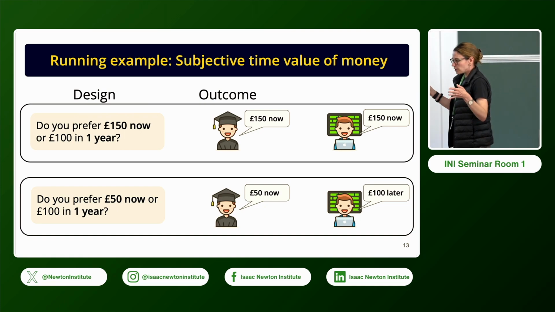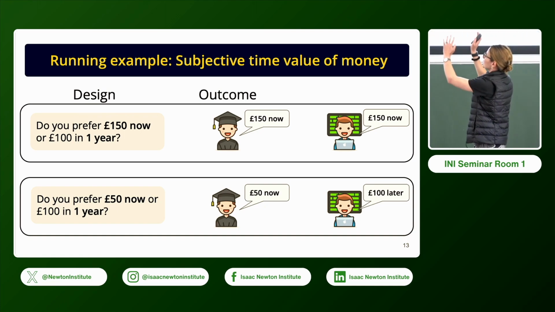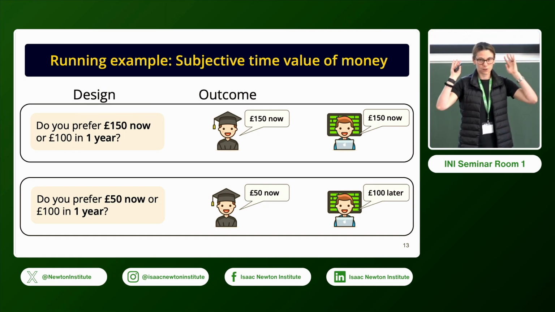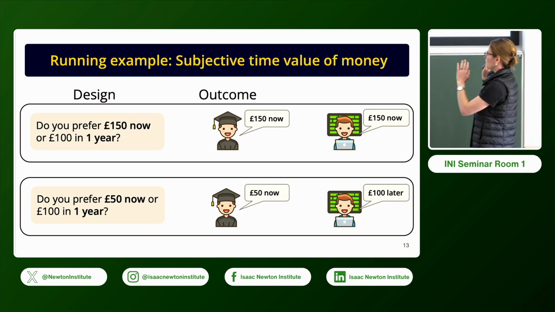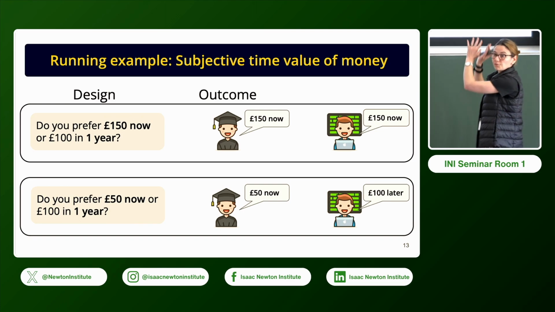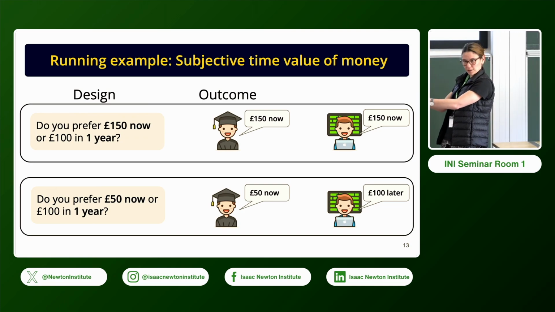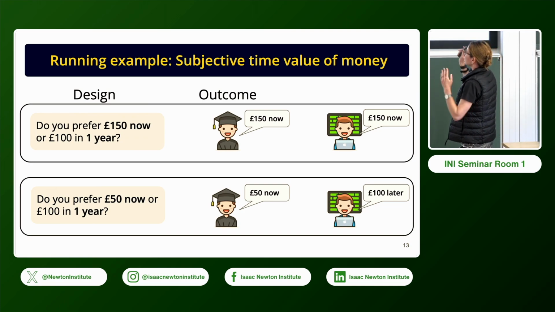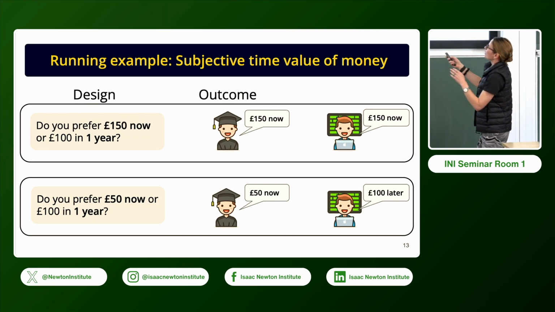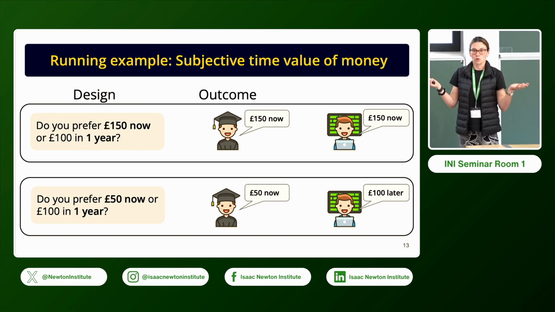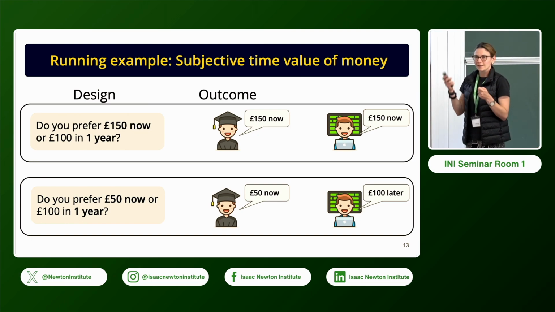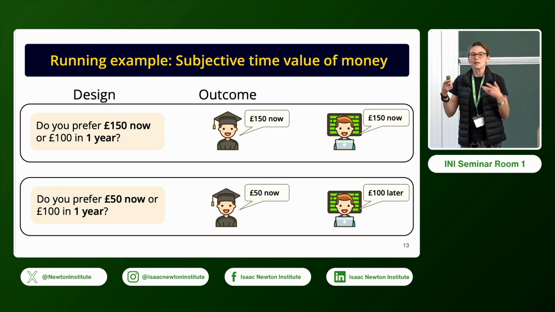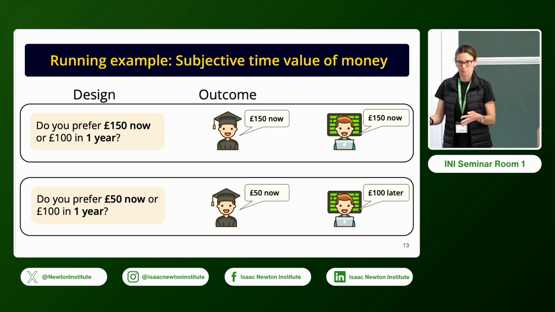And throughout this tutorial, I will use this as a running example, right? So I want you to have a concrete example in your head, so that when we go through the methods, you can refer to the super simple case and see how things apply. So the example is super simple, right? Imagine you're a psychologist and you're trying to determine the subjective time value of money preferences of different individuals, right?